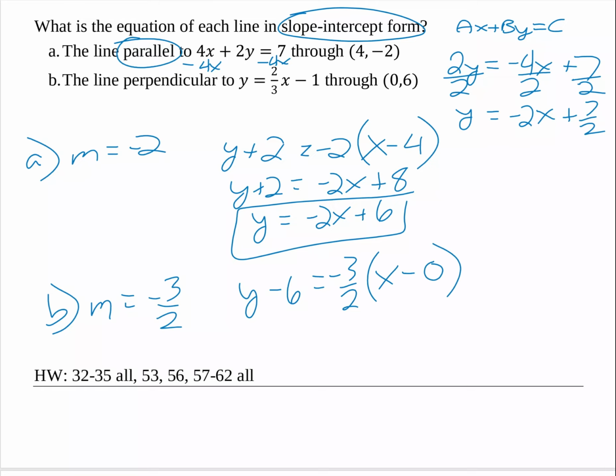Distribute and get y by itself, yeah? So really this is just x here on the right-hand side, so we just have negative 3/2 x, so y minus 6 equals negative 3/2 x, and then what? Add the 6. So it's y equals negative 3/2 x plus 6.